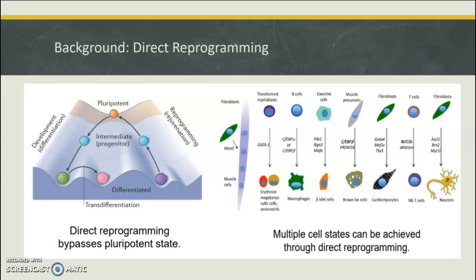So B cells can be turned into macrophages, muscle precursors can be turned into brown fat cells, fibroblasts can be turned into cardiomyocytes. However, within this particular article, we are looking at fibroblasts being turned into neurons. And as you see along the arrow, there are different transcription factors that are required in order to convert these cells into the differentiated cell of choice.